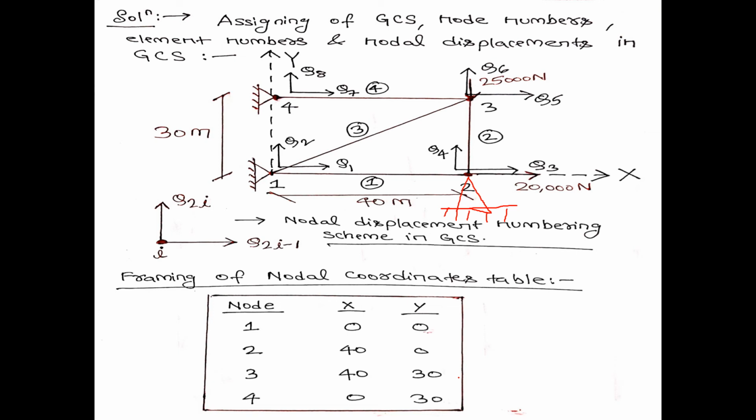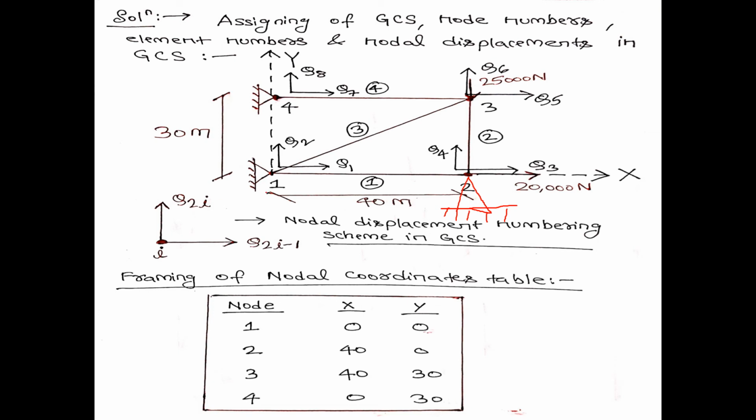That is 20,000 Newton. If this is the case, then displacement along the y-axis is 0, because the second node is fixed. Q3 will not be 0. Yes, q3 will not be 0. I will get some value of q3, but q4 is 0.